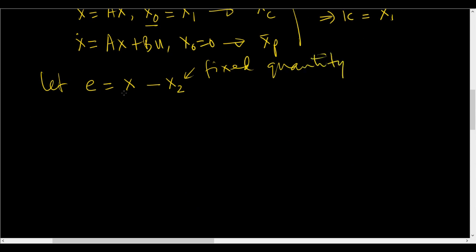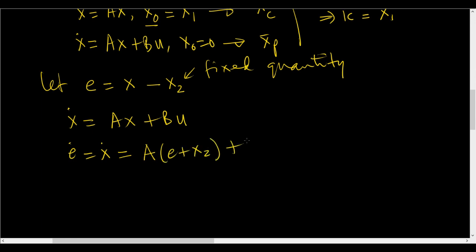Okay, so then x dot is equal to ax plus bu, and then we have E dot is equal to x dot is equal to aE plus ax2 plus bu. Okay, very good.